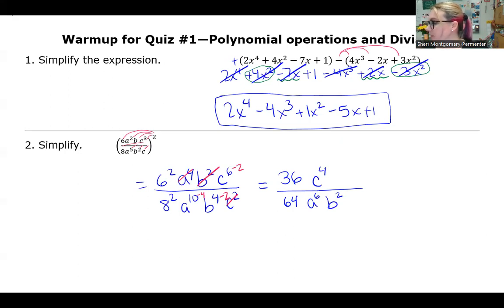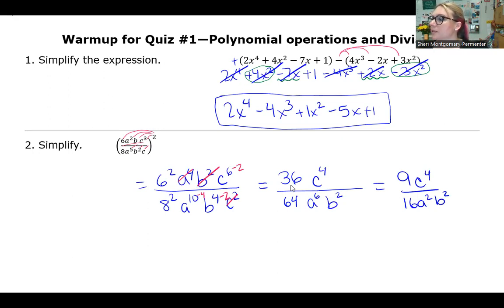It's under alpha. Math, enter, enter. 36 divided by 64. Math, enter, enter, and it will reduce your fraction. That was pretty easy, right? So this becomes 9c to the 4th over 16a squared b squared.